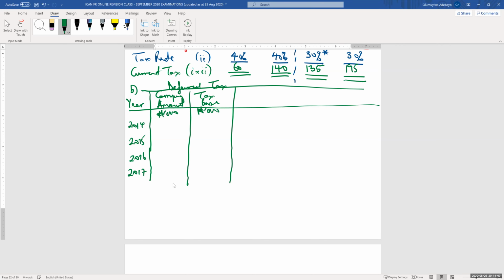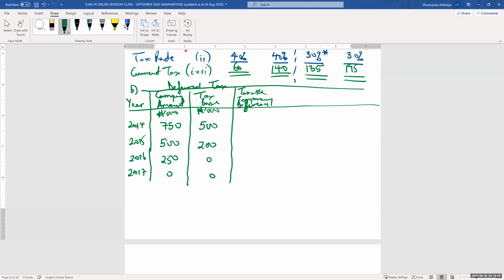Remember, as computed yesterday, carrying amount was 750 in year 1, 500 in year 2, 250 in year 3, and 0 in year 4, while tax base was 500 in year 1, 200 in year 2, 0 in year 3, and 0 in year 4. Recall that because the carrying amount of the asset is greater than the tax base, what we have is a temporary difference that is considered taxable.